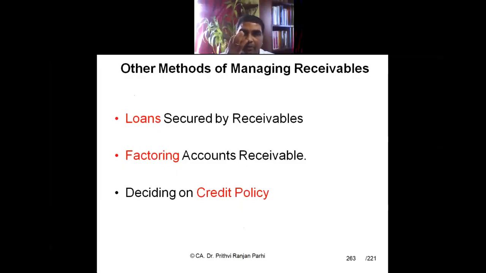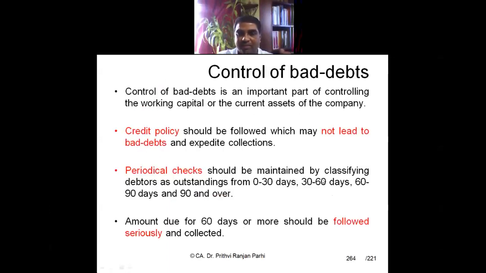Then one more kind of service is the factoring of accounts receivable. Here, these receivables, which are in fact current assets of the organization, are sold to a party called the factor. Then various decisions can be taken on the credit policy through which the receivables can be managed.